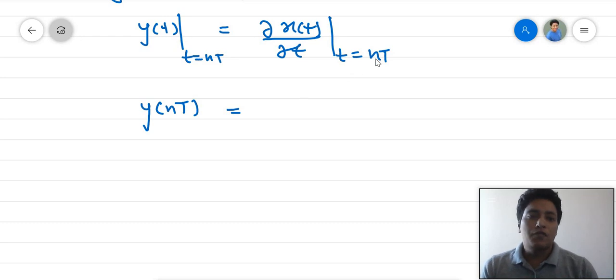If t is equal to nT, the smallest change will be from one sample to another sample.